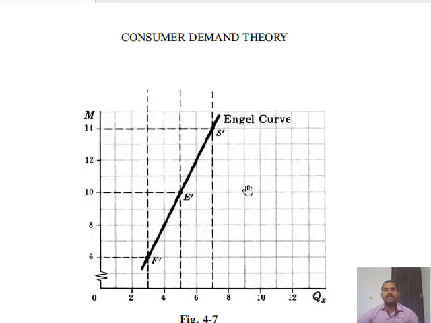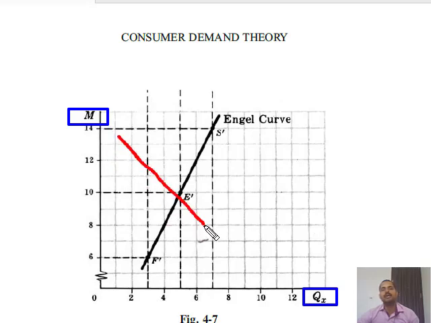Now let us come to the Engel curve. The Engel curve is simply the relationship between money income and the quantity consumed of the commodity. And you know, for an inferior good, when income increases, the quantity consumed decreases. It means the Engel curve for that commodity will be negatively sloped.